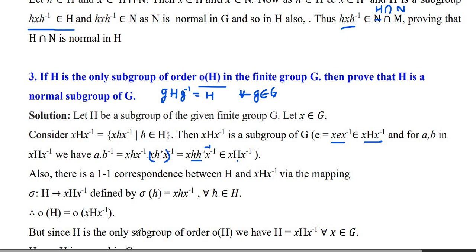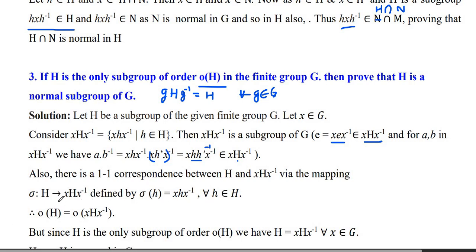Because H is the only subgroup with order of H, this X H X inverse should coincide with H, and that in turn gives H to be normal in G.